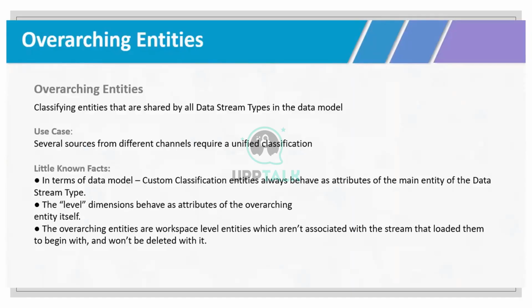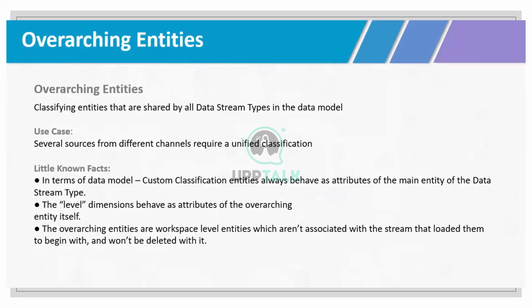Further, when we are seeing how things work, we will see that custom classification data models are present in all the types of data streams. And then we have something called custom classification 1 level 1.